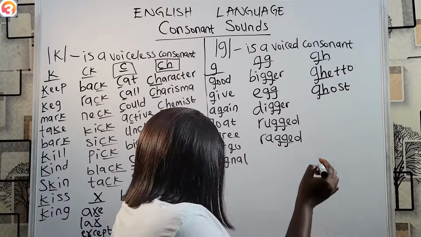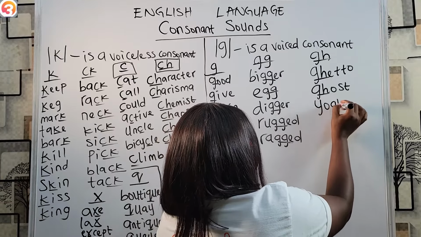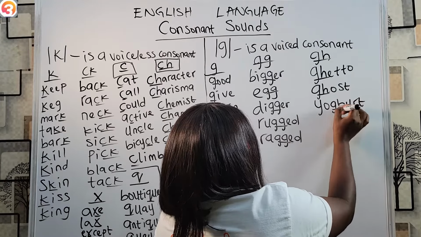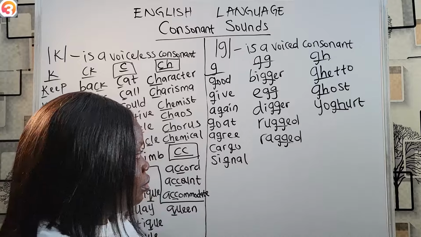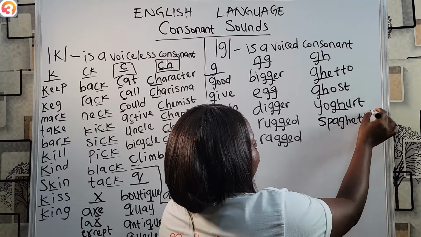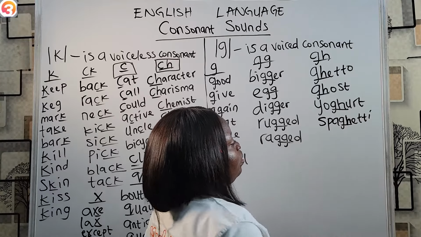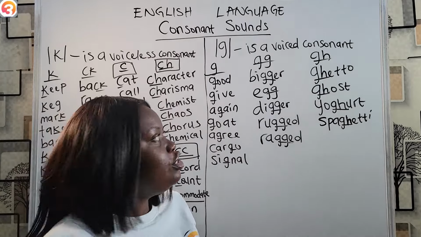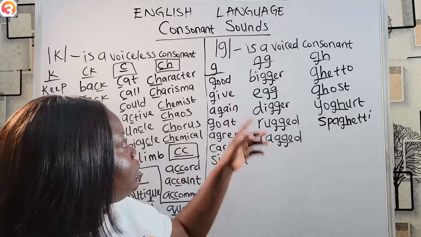We have yogurt for the spelling that has GH. Spaghetti, spaghetti. These are examples of words containing GH and they contain the consonant G.